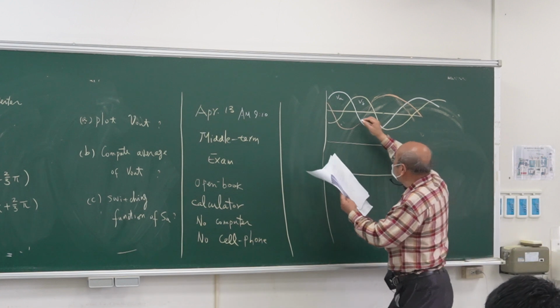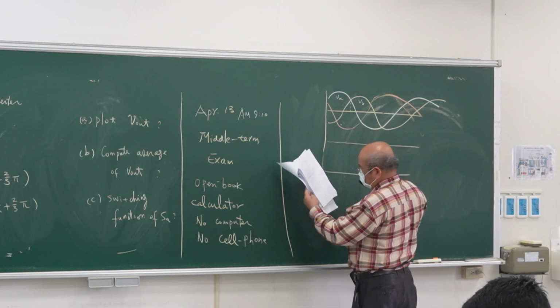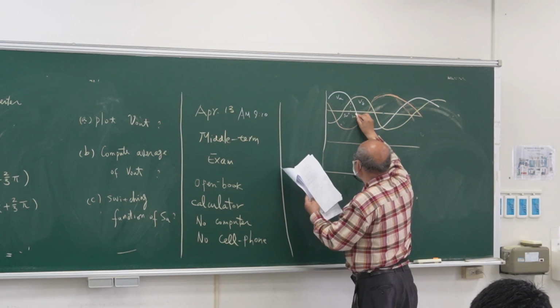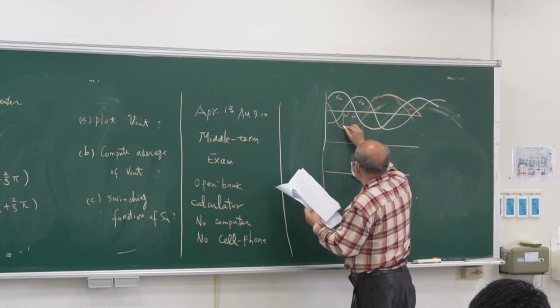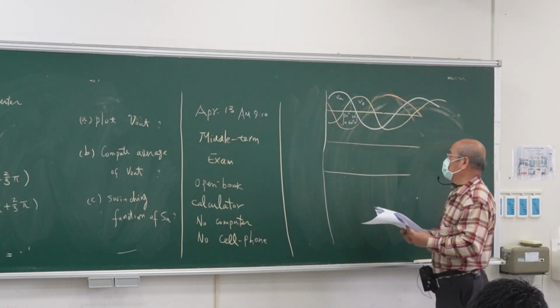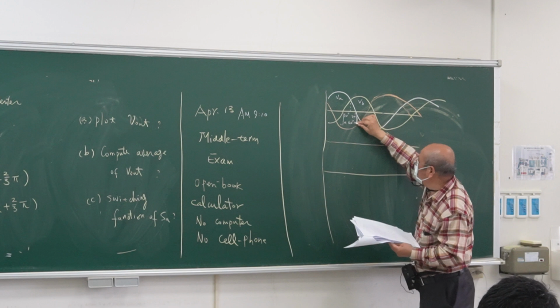Now we know this one is 30 degrees, this one is 30 degrees, so this one total is 60 degrees, from here to here.